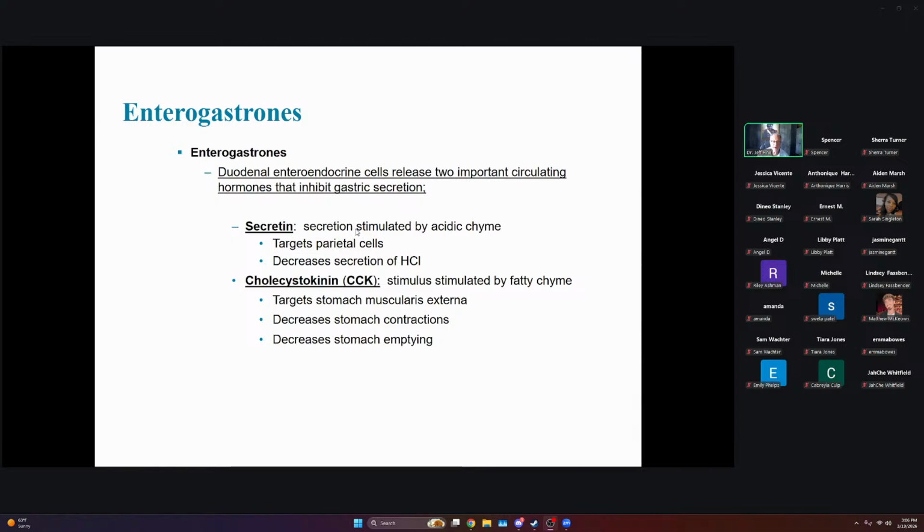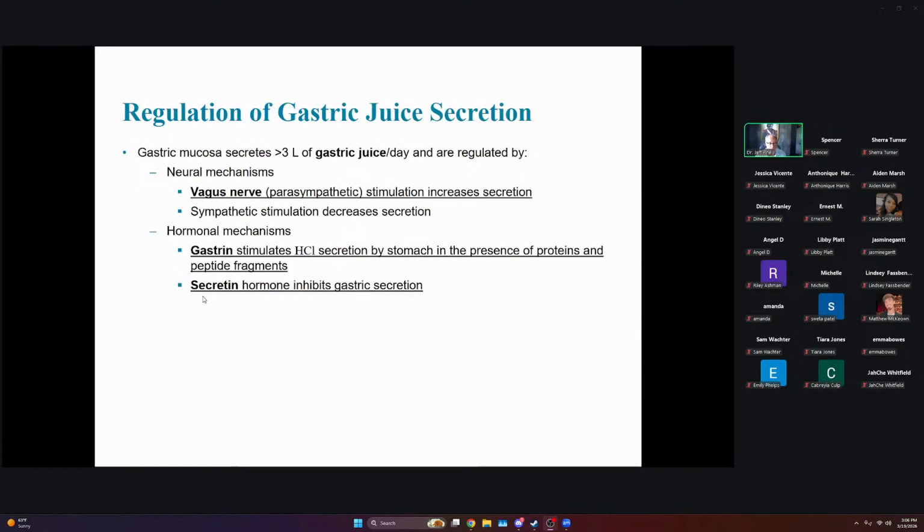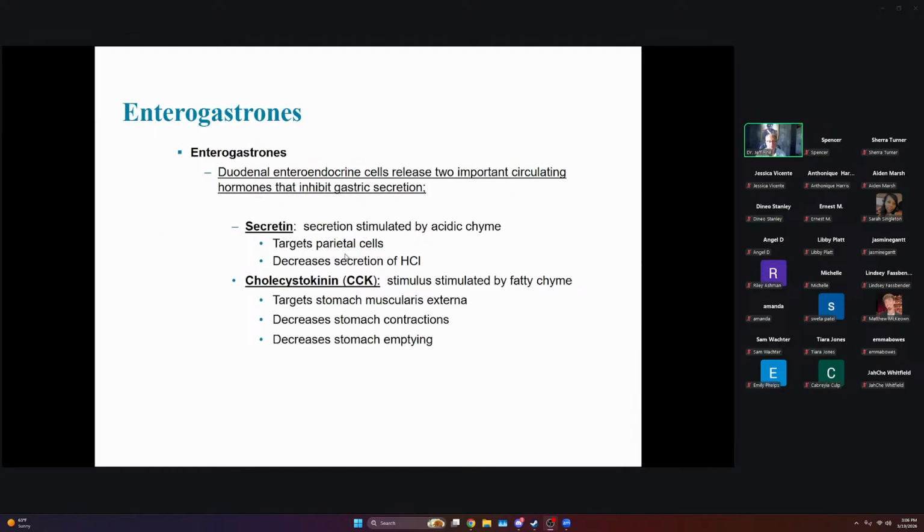So the first one's very important, and this is that hormone secretin that we just talked about. Secretin is going to slow down or stop gastric juices, hydrochloric acid, from a hormonal standpoint. Secretin comes from these duodenal enteroendocrine cells and is released when the chyme that's coming from the stomach is too acidic in nature.